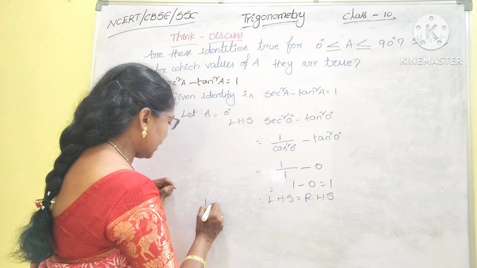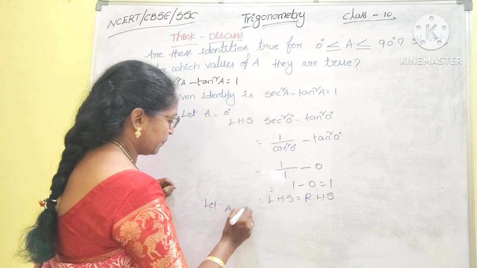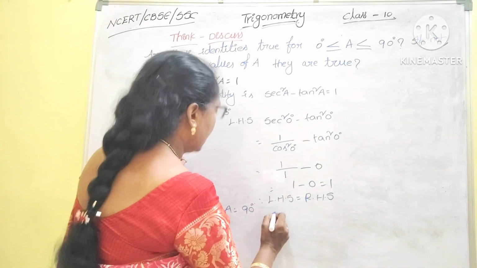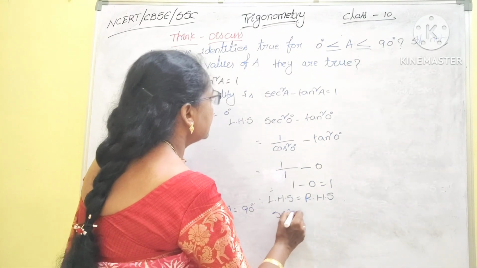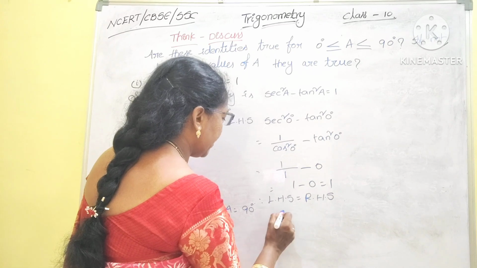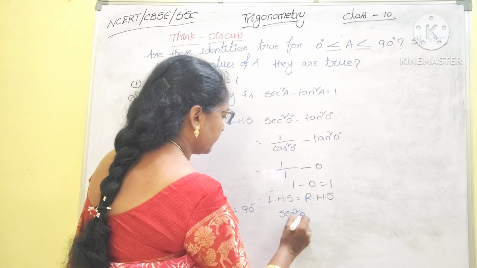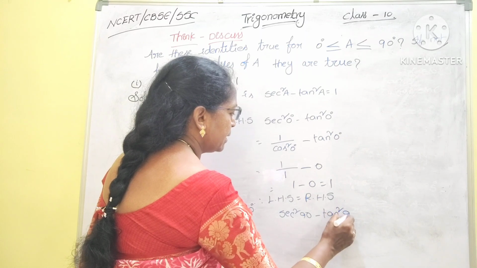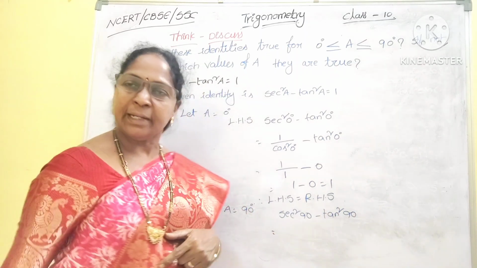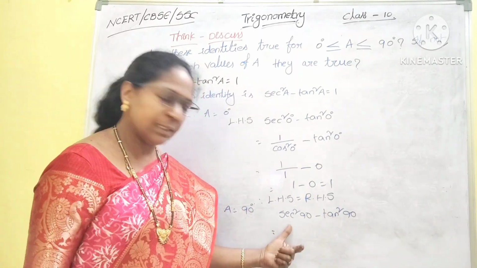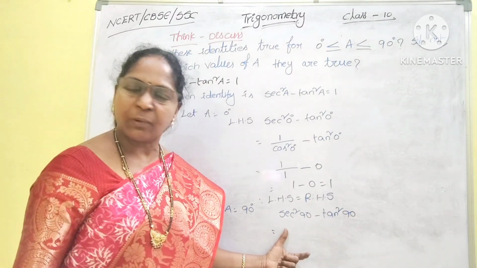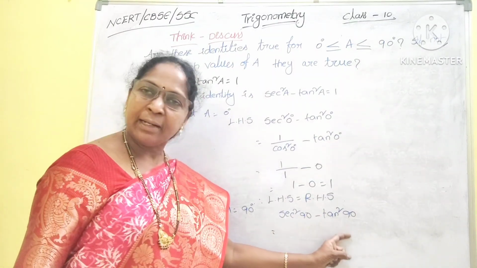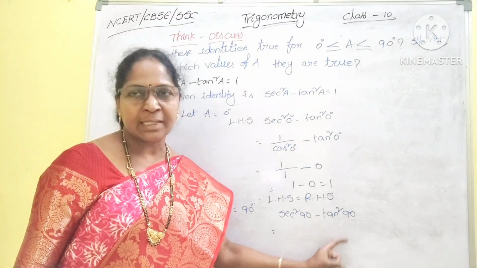Suppose let A equal to 90 degrees. Just you have to check it. Secant square 90 degrees minus tan square 90 degrees. Secant theta is the reciprocal of cos, where cos 90 is 0, so secant 90 is infinity. Tan 90 is also infinity, sin by cos.